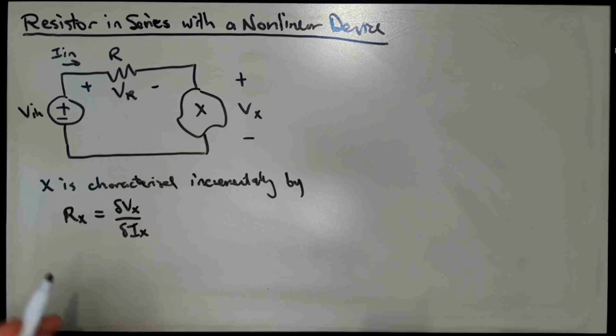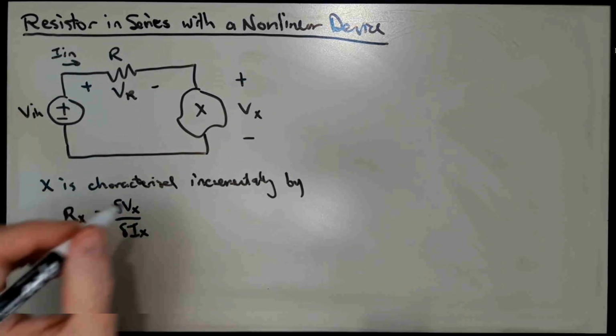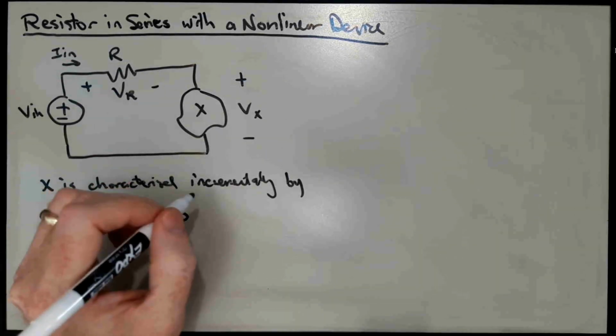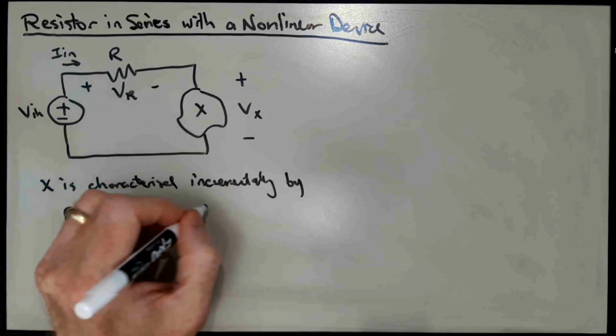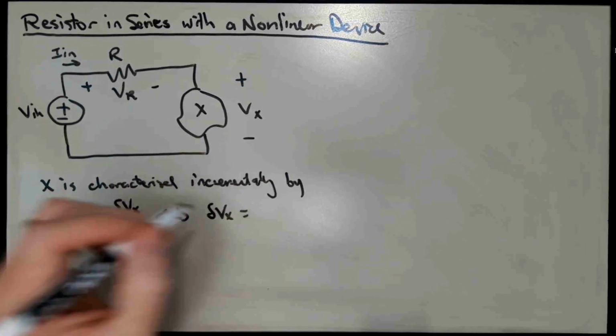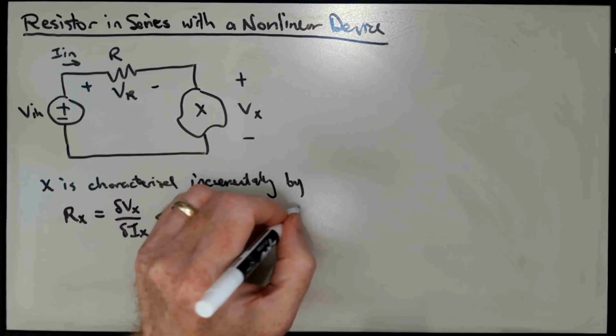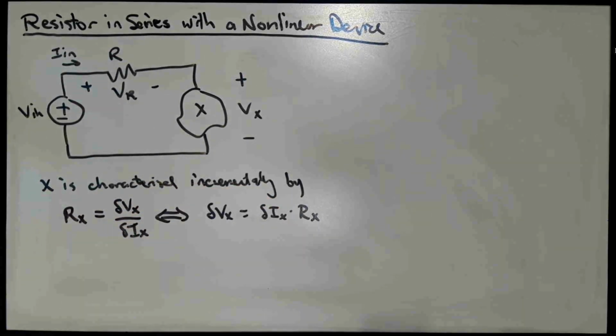Formally it's the partial derivative, but it's going to be approximately equal to this, so that we have an incremental Ohm's law, where delta V sub x is given by delta I sub x times this Rx.